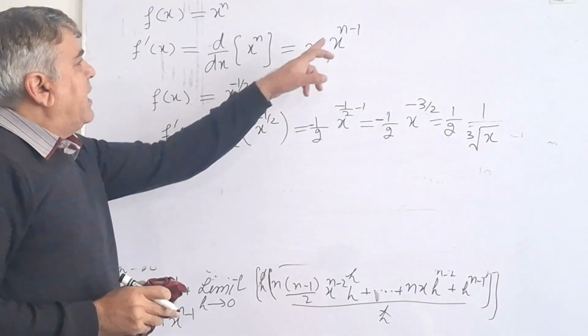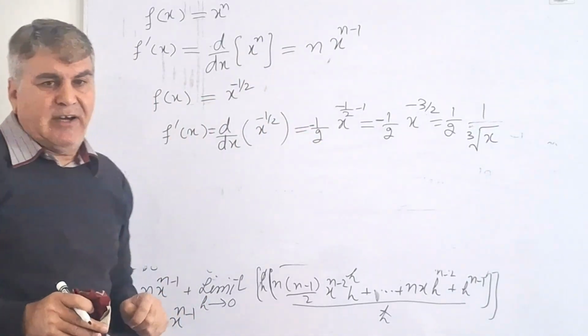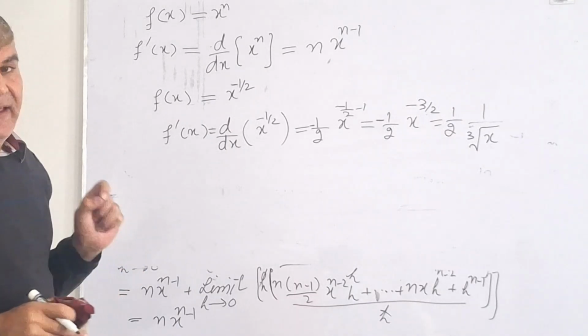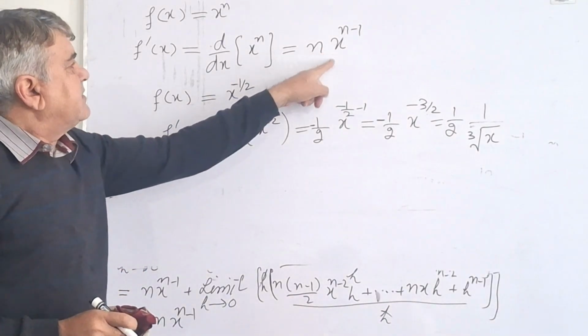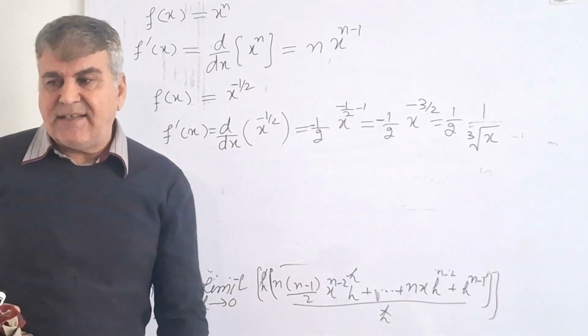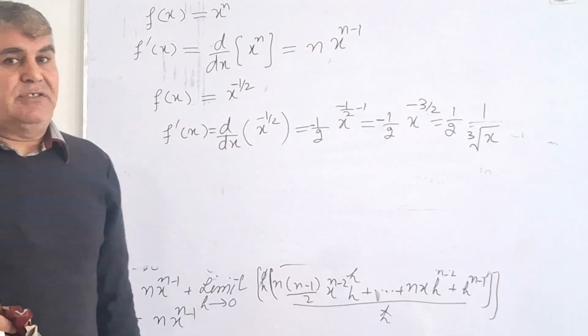So whatever the power may be, you can use the power formula to find the derivative of a function. At the end, I would suggest you memorize this formula. This is a very powerful formula for finding the derivative of the power of the functions.